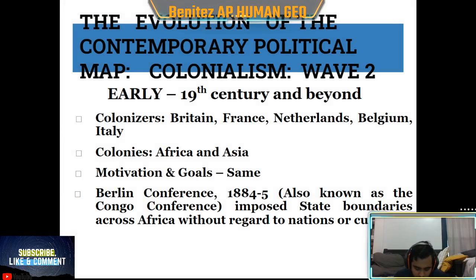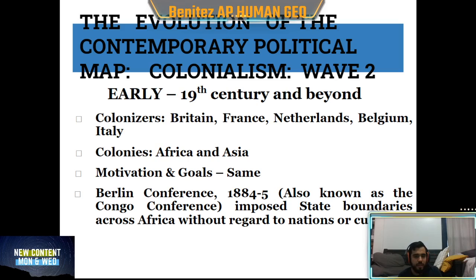Some of the big European countries that took over other pieces of territory will be Britain, France, Netherlands, Belgium, and Italy. And these countries, plus many other European countries, would conquer and create colonies in Africa and Asia. They would go to these countries, take all their resources and take it back to their own country.